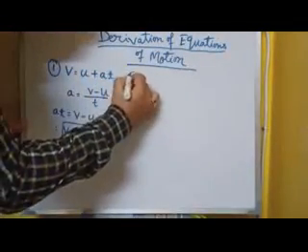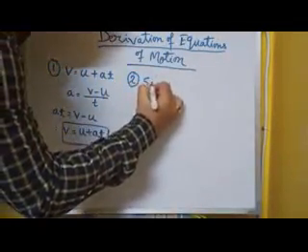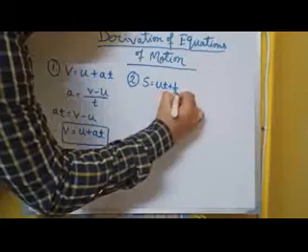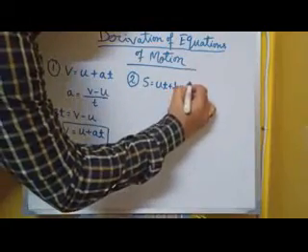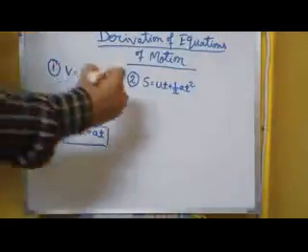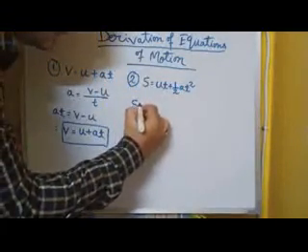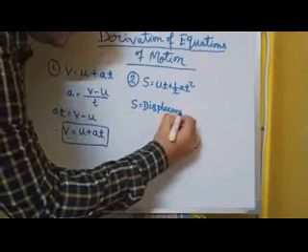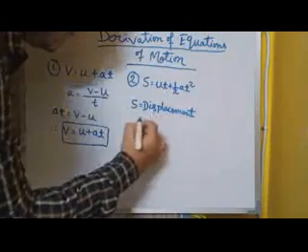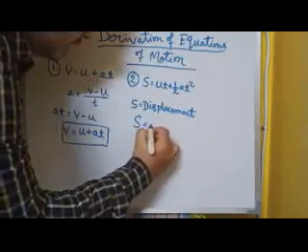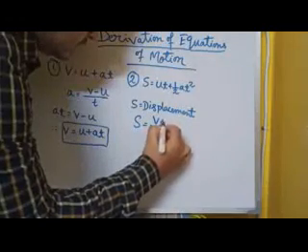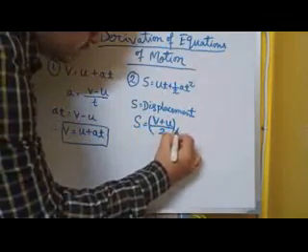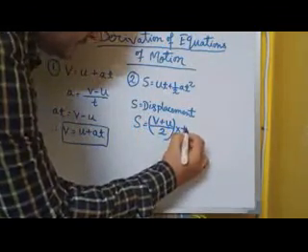Next, the second one: S, displacement, is equal to ut plus half a t square. Here S, displacement, is equal to the average velocity, that is V plus U by 2, into time.